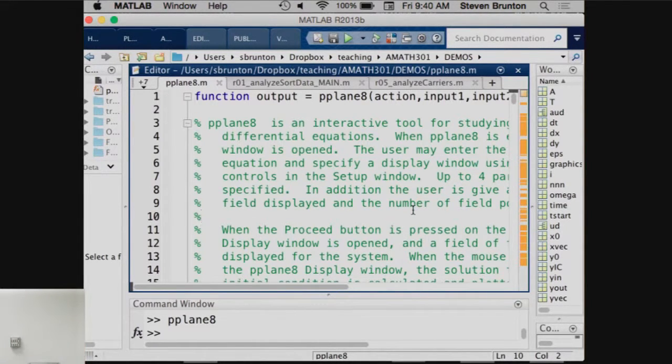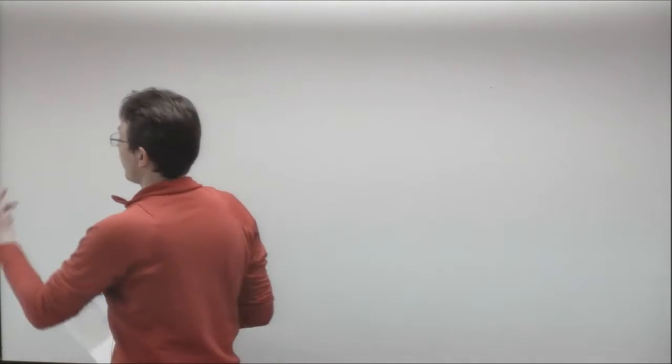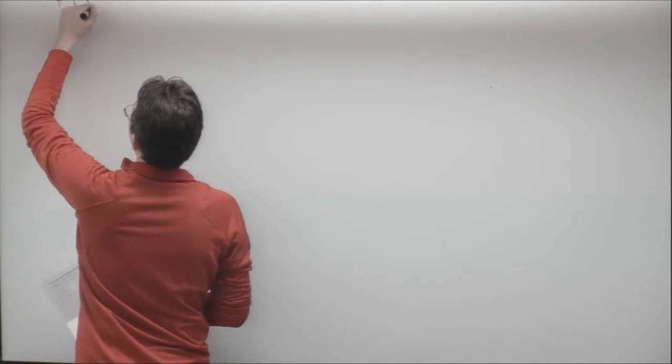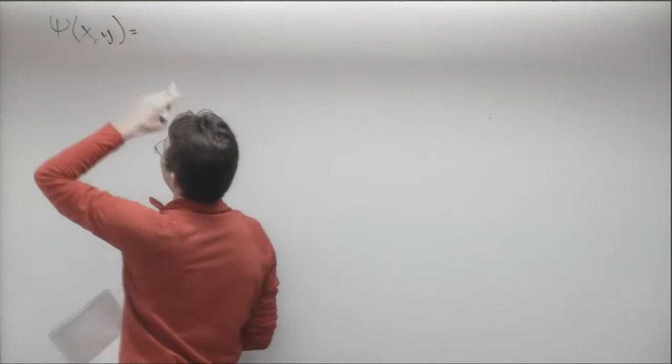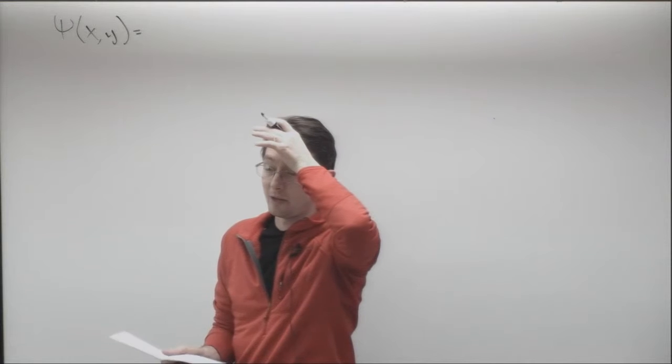I'm going to change my vector field a little bit to make it time varying. This is going to be a pretty simple change, but it's going to make a huge difference. So before, my stream function was psi of x and y equals, what was it, sine pi x, sine pi y? Yeah?